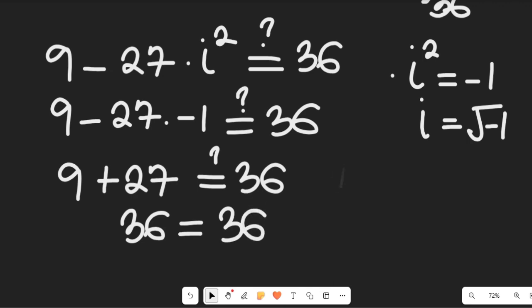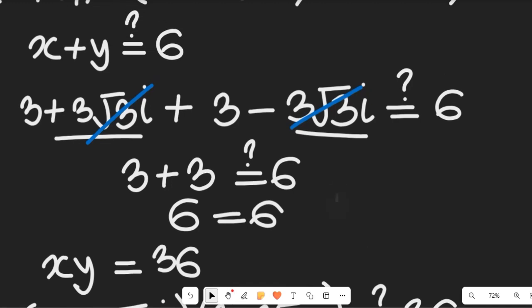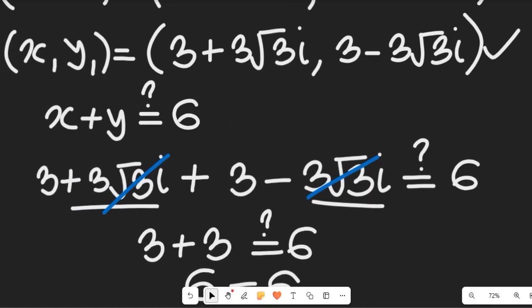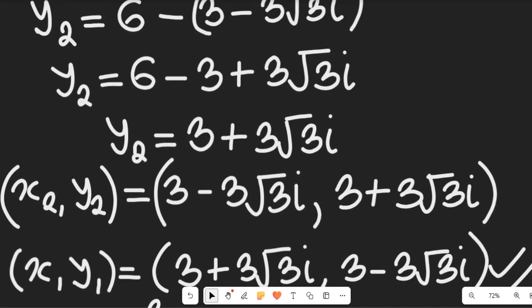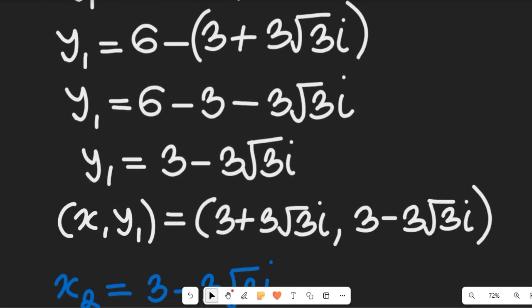Which simply tells us that that expression is also a solution to that math question given to us. Double check tells us that this complex number solution is the right solution to that math expression given to us above there.